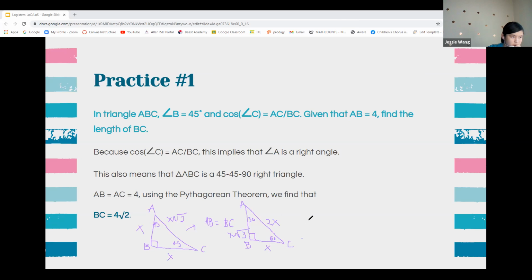We can derive this from an equilateral triangle, where these are all 60, and then we chop this in half. And that is how we get these angle measurements. That's just some extra stuff to know.